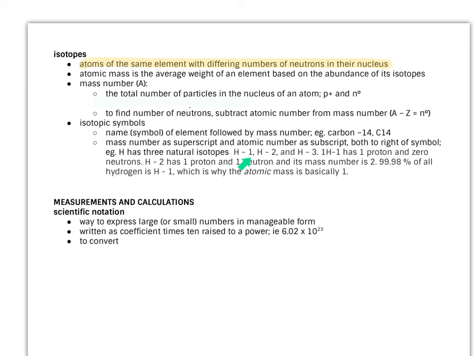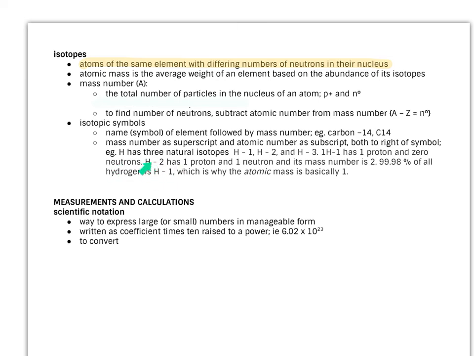There's H1, H2, and H3. H1 has 1 proton, and so we know it has 0 neutrons because hydrogen's atomic number is 1 and its mass is 1. So if we subtract 1 from 1, we get 0. So it has 0 neutrons.